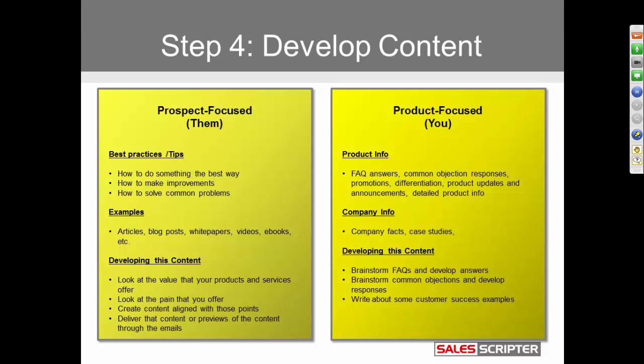If you're going to be dripping emails over time to somebody, there's going to have to be some content behind that. So it's very important. I would keep the content separate, and know which category. If you produce a piece of content, know that this is prospect focused, or be aware that it's product focused.